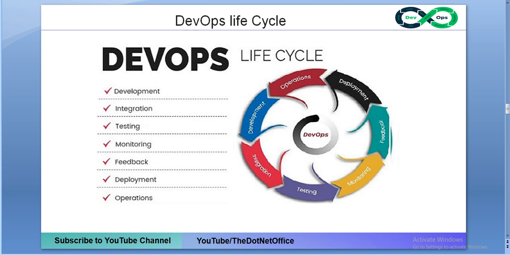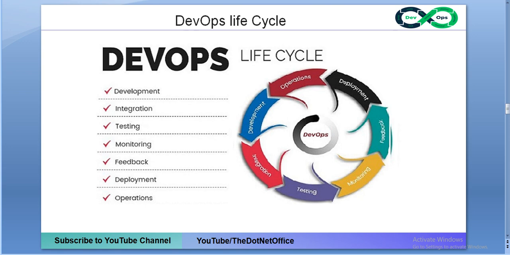And the next is continuous operation. So all DevOps operations depend on consistency, and the delivery process is completely computerized. That is, all the operations work based on tools.